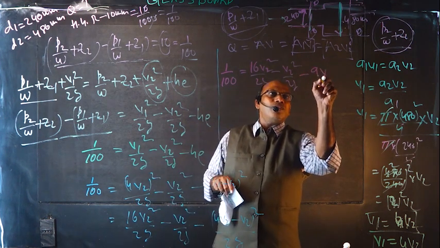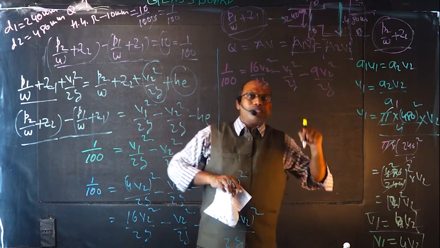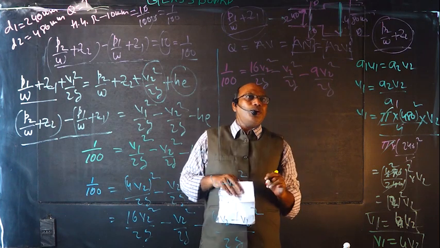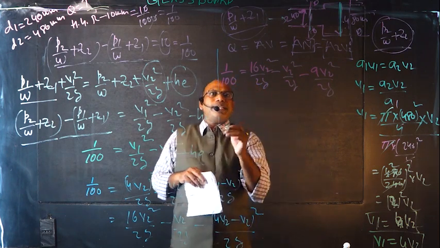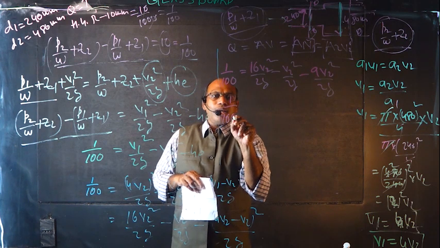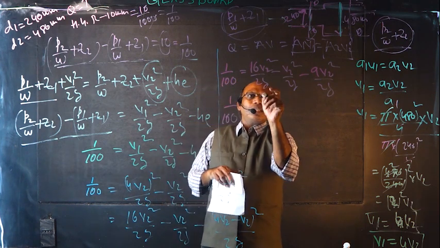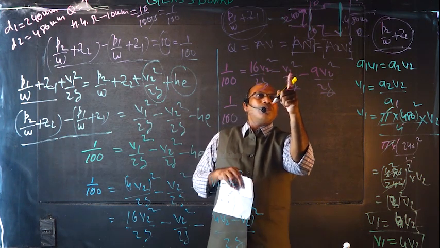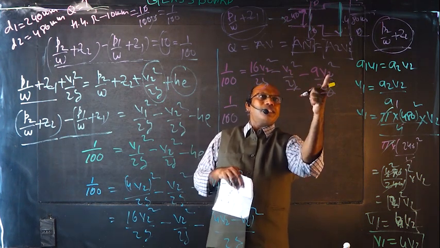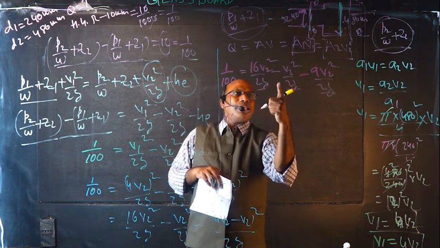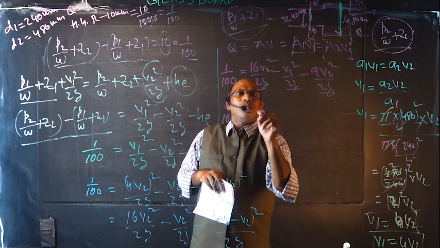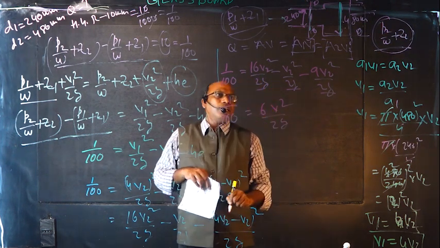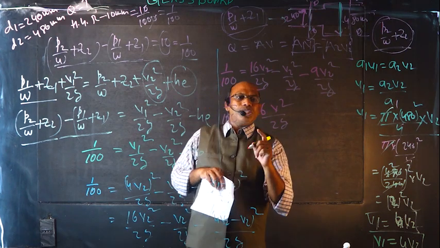Now all parameters are known, only the unknown is V2. 1 by 100 equals 16 minus 1 minus 9, that is 16 minus 10, equal to 6 V square divided by 2G.